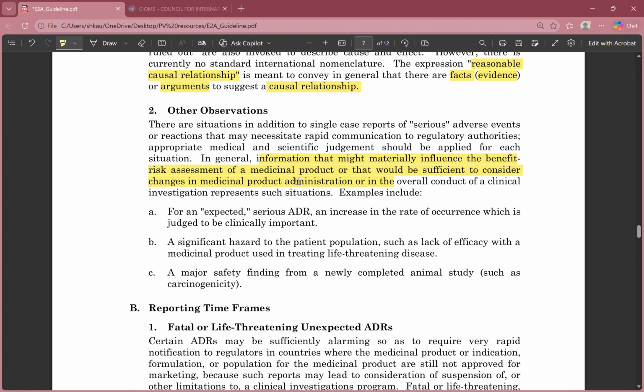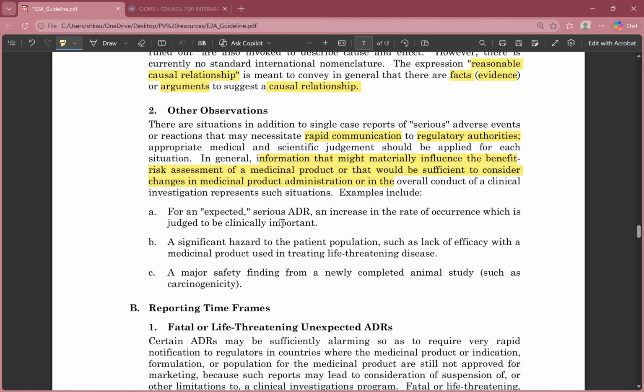So we are trying to assess here any information that leads to the benefit risk assessment changes, or that is changing the medicinal product administration, or in short it is changing the overall conduct of a clinical investigation. Then it has to be considered and looked at for the rapid communication to regulatory authorities. That means it should be on an urgent basis. Just as the other cases, on an urgent basis, it should be submitted to the regulatory authorities.